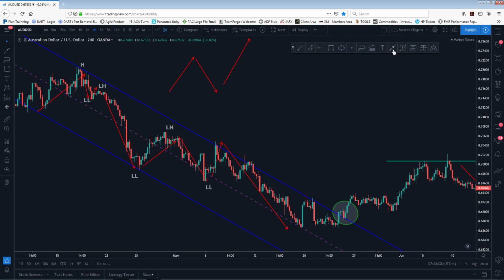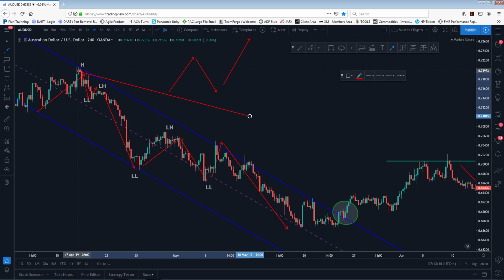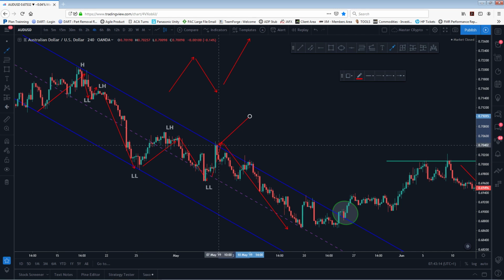What I showed you, we used a channel combined with market structure, combined with trend lines, combined with fibs, and we knew when to sell and when to take profit. This was an amazing example, and I didn't even look for it. I just picked it, and guess what?